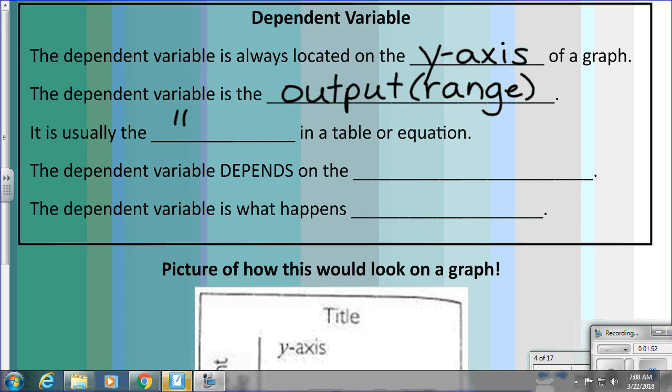It is usually the y in a table or equation. The dependent variable depends on the independent. And the dependent variable is what happens second.